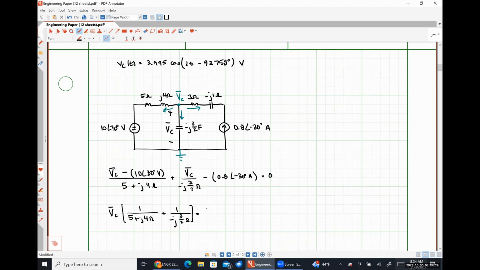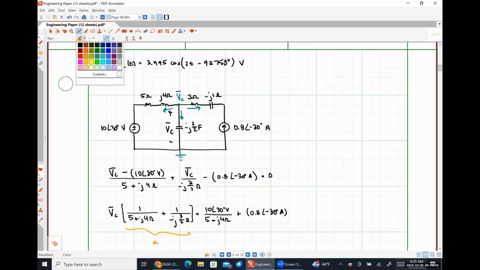This will be equal to 10 angle 30 degrees volts over 5 plus J4, plus 0.8 angle negative 30 degrees amps. I'm going to call this thing A, because that's what I'm going to store it in my calculator as. And this thing here as B.